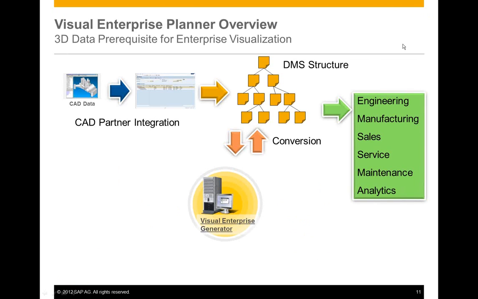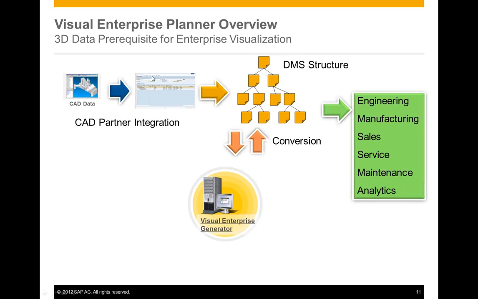One of the prerequisites for doing that visually is, of course, that you must have visual data in there. Currently the standard way of getting visual data into SAP is via the CAD integration. Here you have a CAD system, for instance CATIA, Pro/E Creo, UG NX, or SolidWorks.